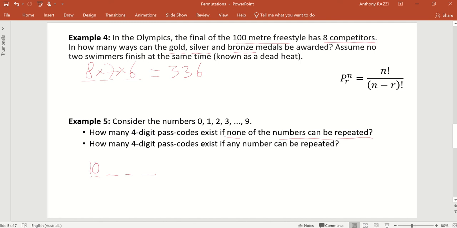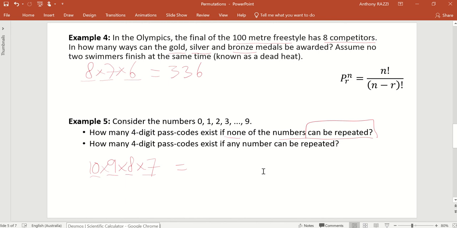Now, if they can't be repeated, once you've used one, then in the second spot, you can only have 9. And then in the next one, you've used up 2, so there's only 8. And then you've used up 3, so there's only 7 digits left over. And then again, you're going to be multiplying them together. So 10 times 9 times 8 times 7.